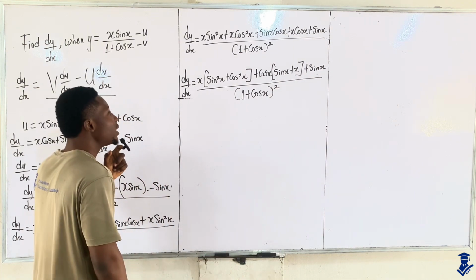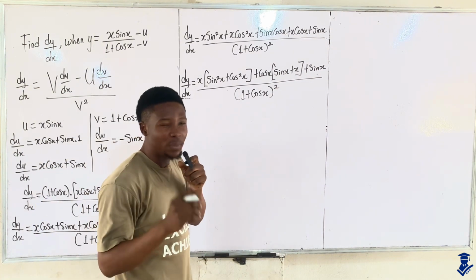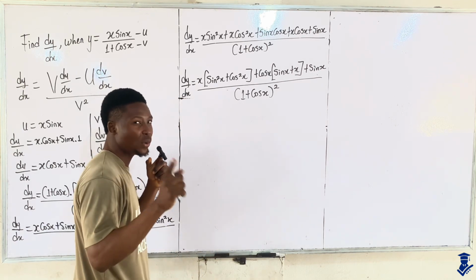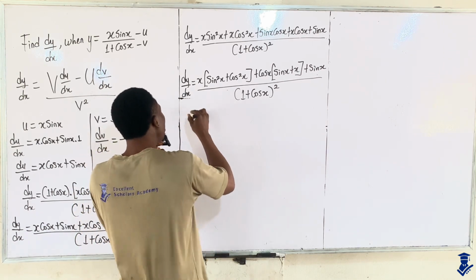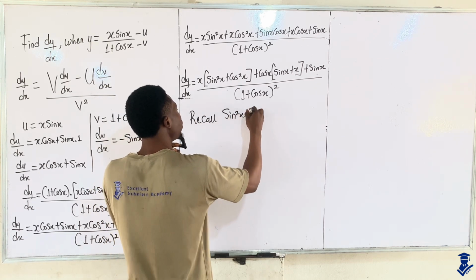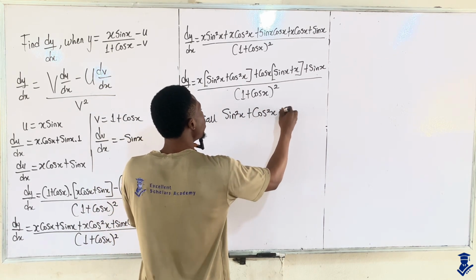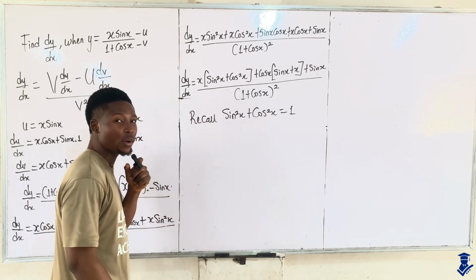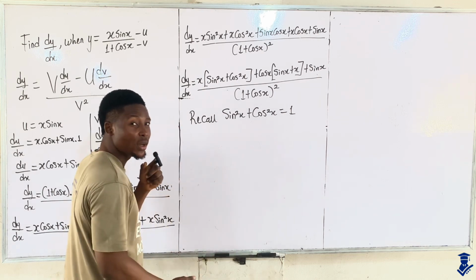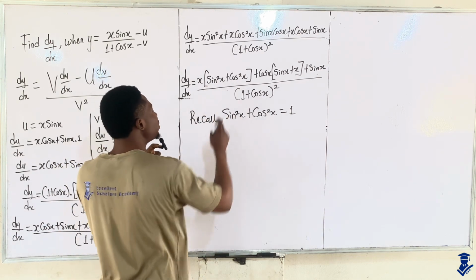All right. Now, I want you to notice something. Recall that sine squared x plus cos squared x is equal to what? Is equal to 1. All right. So meaning I can replace sine squared plus cos squared with 1. So meaning I can replace the whole of this with 1.